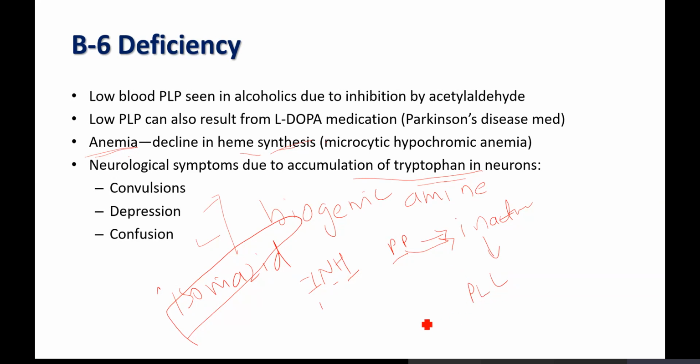So the tuberculosis patients on long term use of INH or isoniazid develop symptoms of peripheral neuropathy, which is due to the B6, or thiamine, or niacin deficiency.